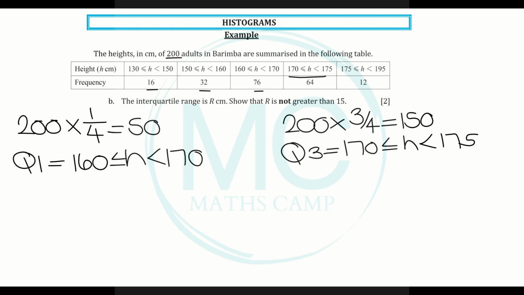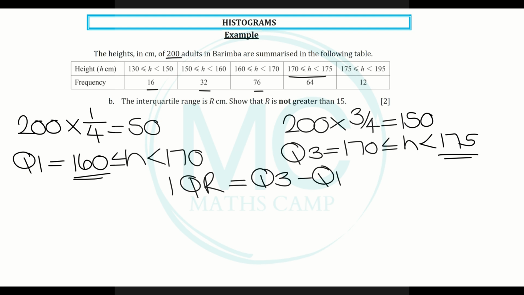175. We know that to find the interquartile range, we say the value of Q3 minus the value of Q1. When working with continuous data, we need to use the intervals. But in cases like this, for Q3, we use the highest value of the interval, and for Q1, we use the lowest.